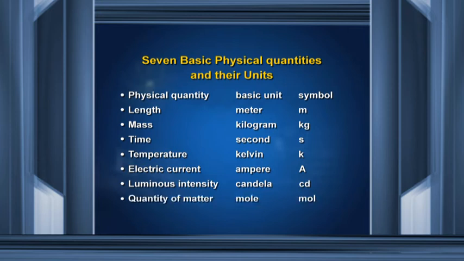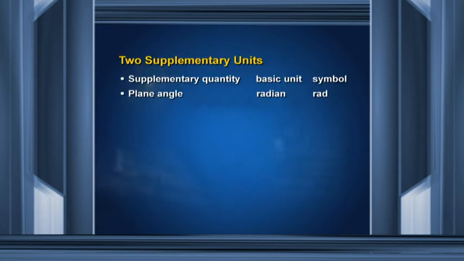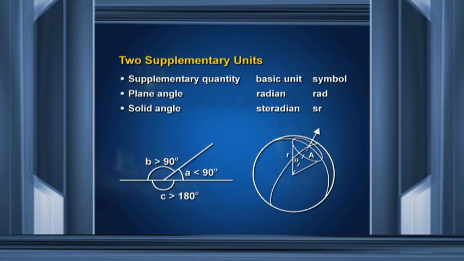Quantity of matter: mole, and the symbol is mol. The 2 supplementary units are plane angle, which is measured in radian and the symbol is rad. You must have been using degrees for it, that is also there, but in scientific notation the degrees need to be converted into radian.